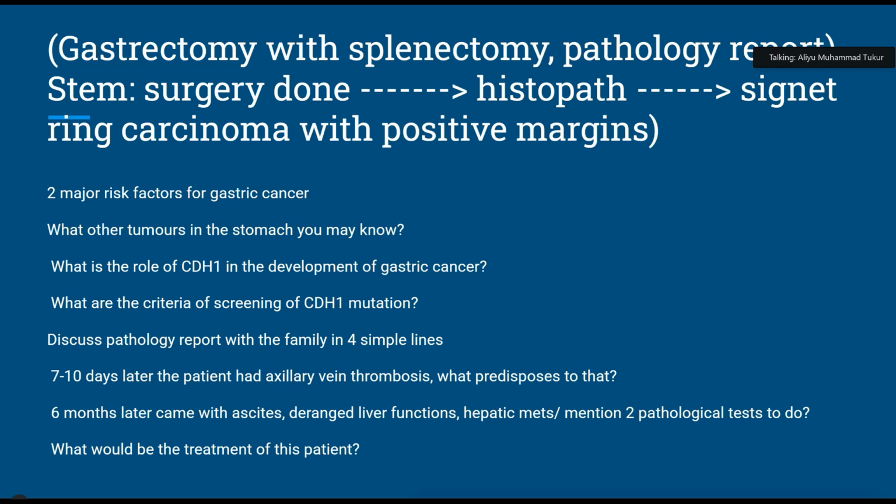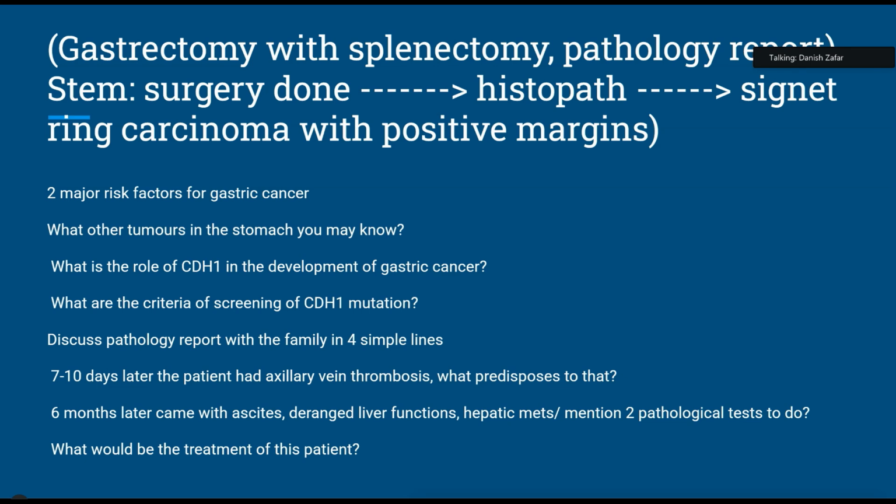The surgery done has not removed the cancer completely because there is cancer at the margin of the specimen, so there is a possibility of it coming back, and lastly, the patient will need further treatment in the form of chemotherapy.